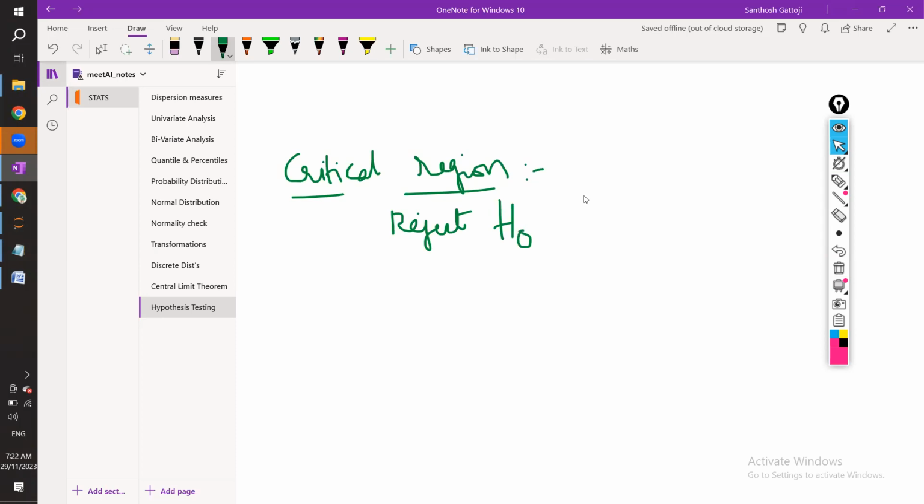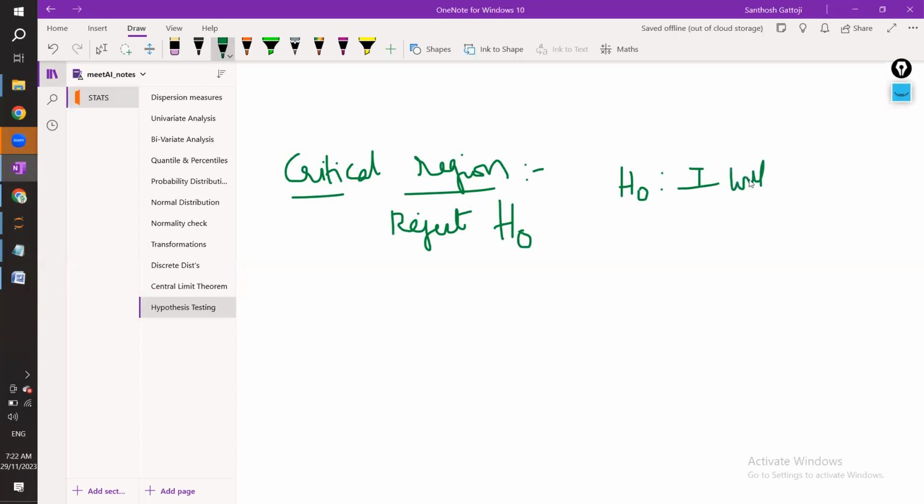For example, a simple example I'll give you. My null hypothesis, I want to buy a laptop. I will buy a laptop, and my budget is 40K, if the cost is less than or equal to 40K.